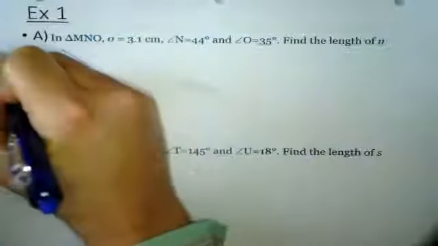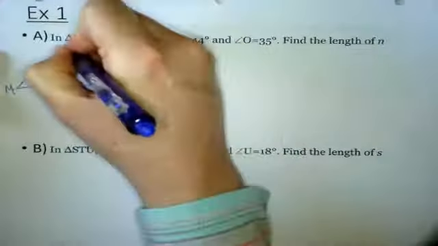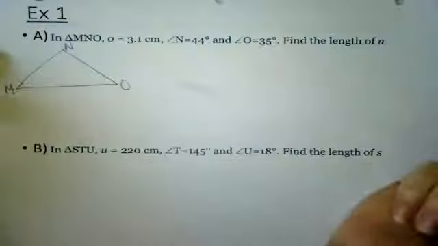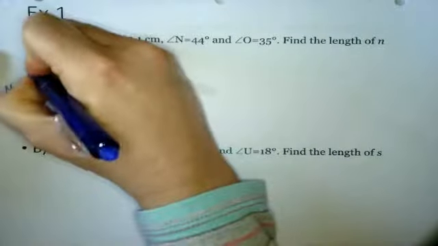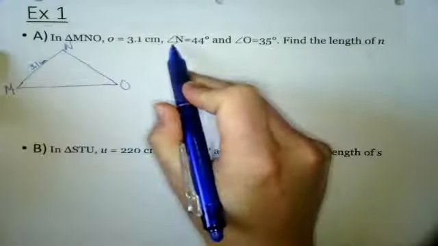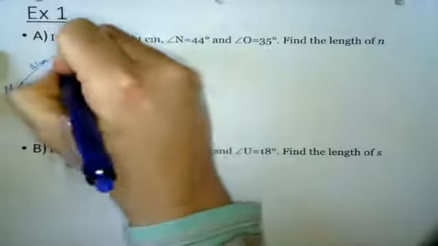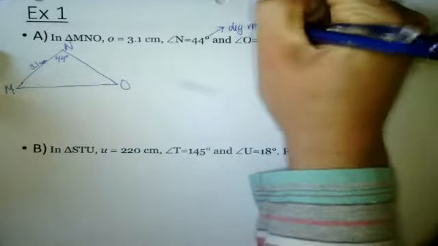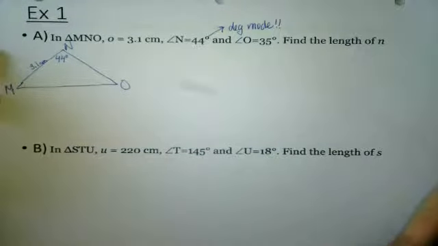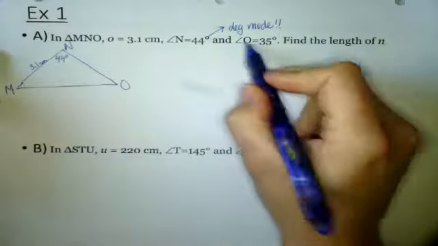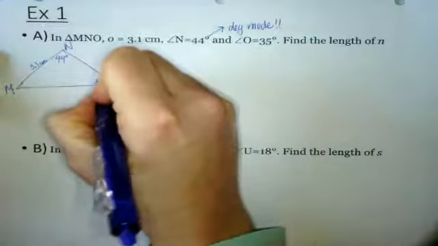So I'm going to call this M, up here N, and this angle O. And then it says little o is 3.1 centimeters. Angle N is 44 degrees. So again, make sure your calculators are in degree mode because they're giving us degrees. Angle O is 35 degrees.